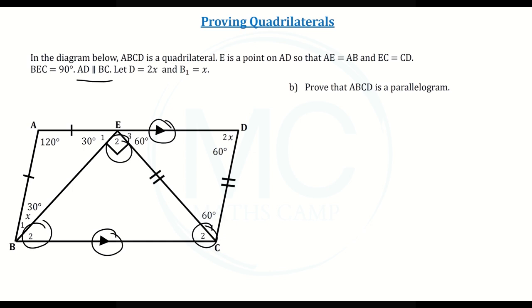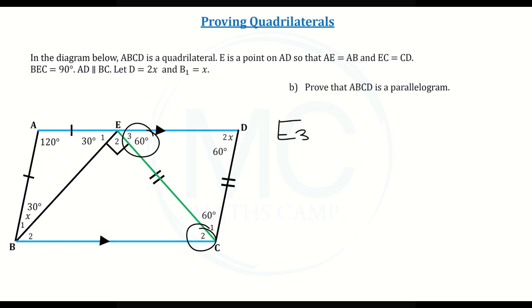So let's make AD and BC blue. EC touches both parallel lines. So let's make this our transversal line. Let's make it green. Now we can see that angle E3 and angle C2 sit inside the Z shape. So they are alternate angles. Now we know that angle E3 will be equal to angle C2 because these are alternate angles.